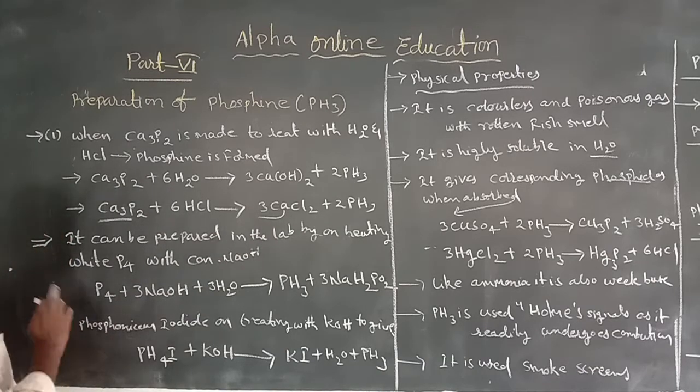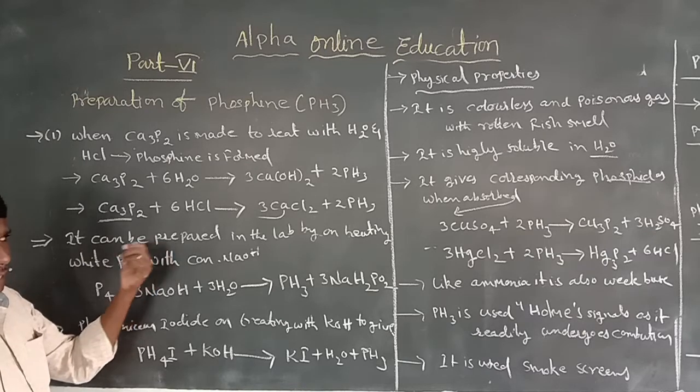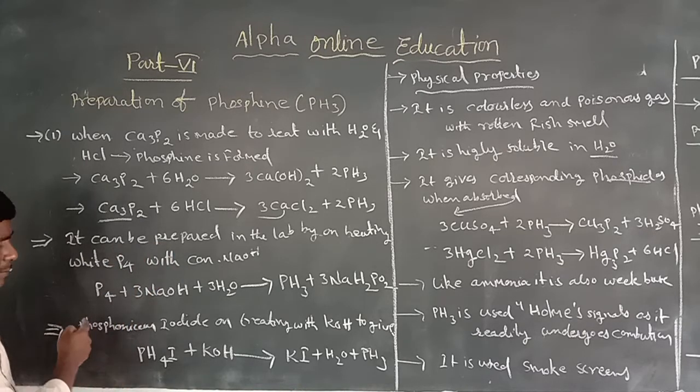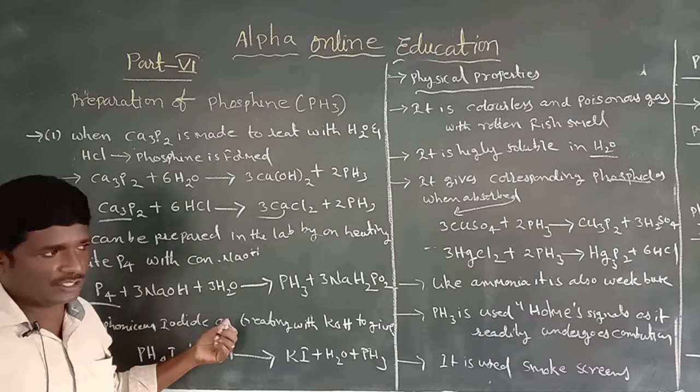Second, in the laboratory preparation, phosphine can be prepared by heating white phosphorus with concentrated sodium hydroxide solution.